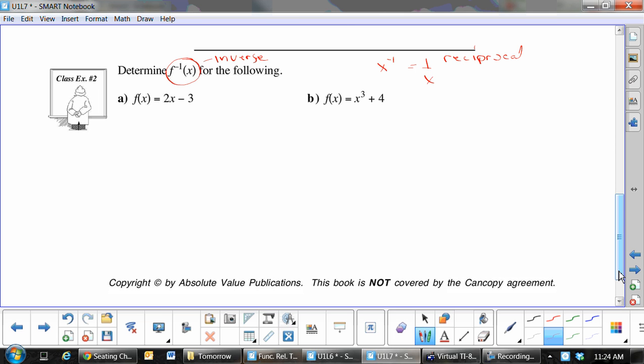And again, that is so close that it becomes very confusing. The other way to say inverse is solve.